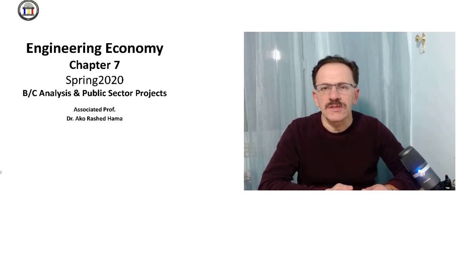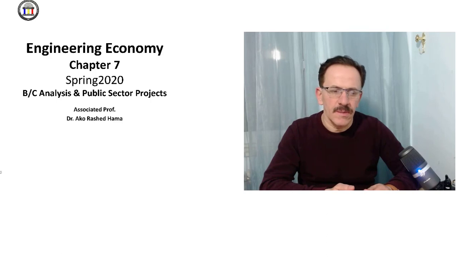When it is greater than 1, it means the numerator of this fraction is greater than the denominator, which means the benefits of this project are greater than the cost of this project within the period.